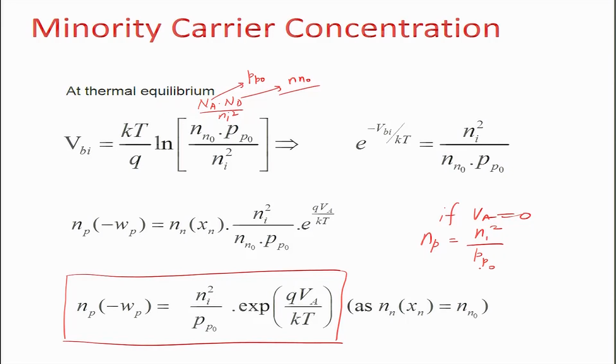So I have got the concentration of minority carriers in terms of the applied bias. If I increase the applied bias, my minority carrier concentration also increases exponentially, which means my current should also increase exponentially. I am seeing a trend here.